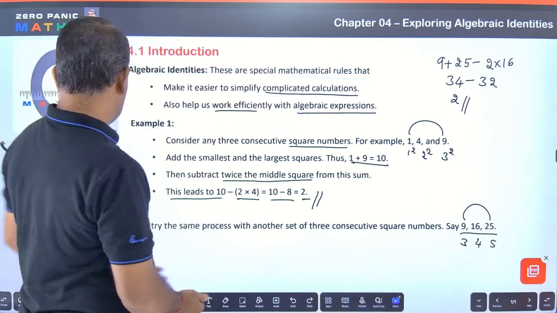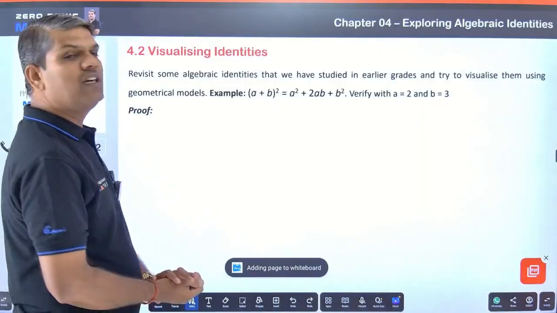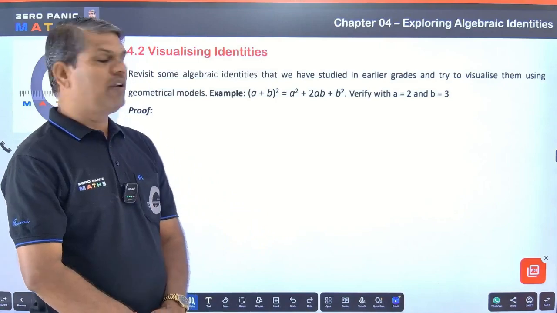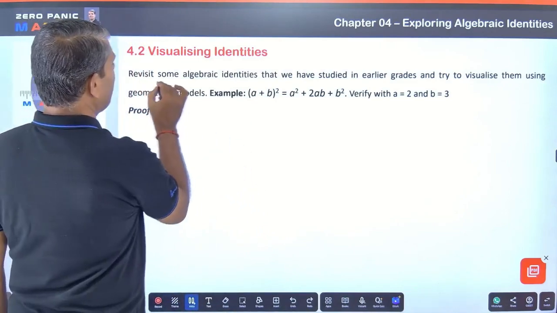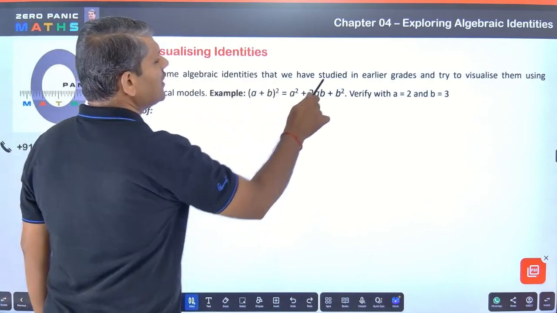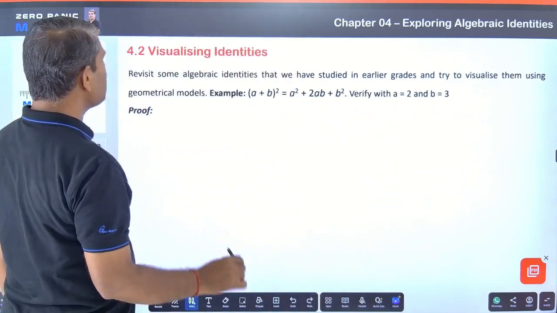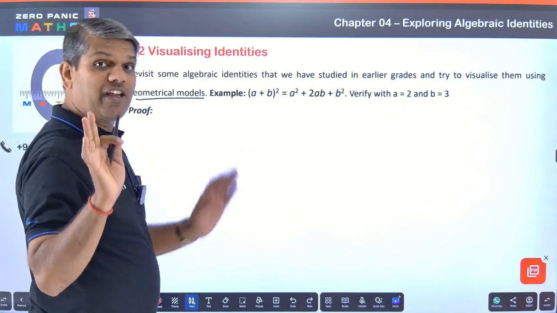Now let us work on some examples of identities that you might have studied in your previous class. Revisit some algebraic identities that you might have studied in your earlier grades and try to visualize them using geometrical models. This is very important and very interesting also.